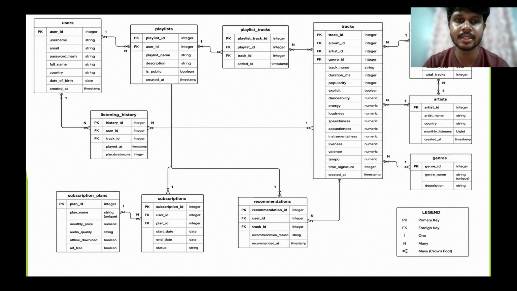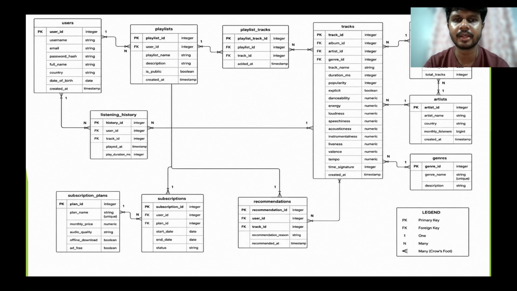One artist can release multiple albums, but one album can't have more than two artists in it. So the seventh relationship is between albums and tracks. And the eighth relationship is between artist and tracks. And the ninth relationship is between genre and tracks.